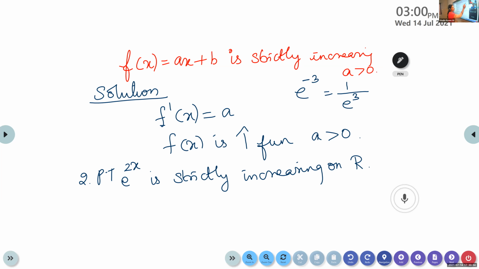E raised to any power is always positive. E takes a value between 2 and 3. That day, I think I asked this question. What is the value of e?